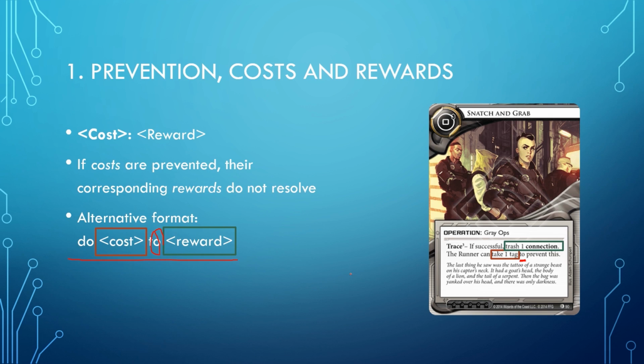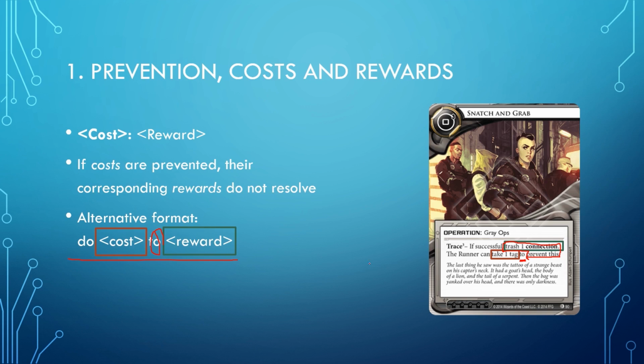This is very, very murky indeed, and you probably want to consult the FAQ or the UFAQ on a case-by-case basis. But in this case, I can tell you that taking one tag is indeed a cost, and if it is prevented or avoided in some way, shape or form, the reward, which is to trash one connection, will not resolve.